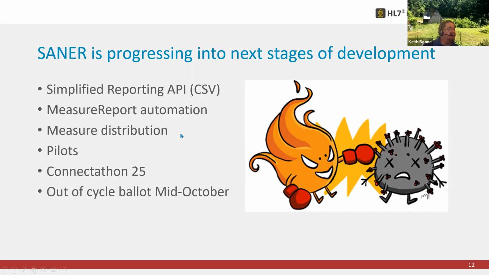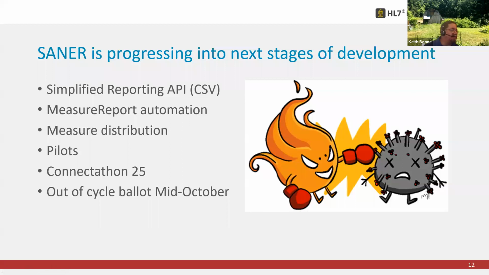We're also supporting the ability to distribute and update measures in definition forms, so that automation could help address some of the issues of having to change a measure or clarify a measure. As I said, we have our first pilot in initial stages, and we're looking at doing others. We're planning to participate in Connectathon 25.